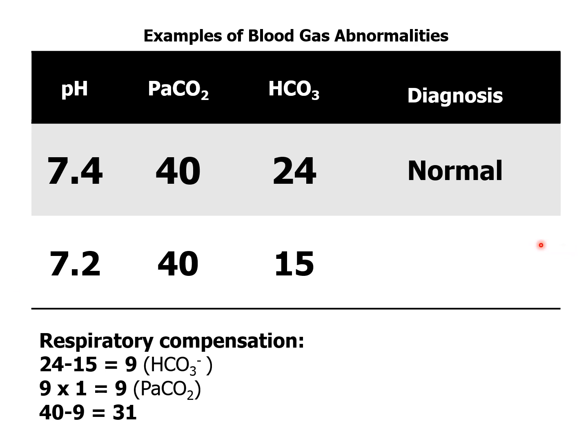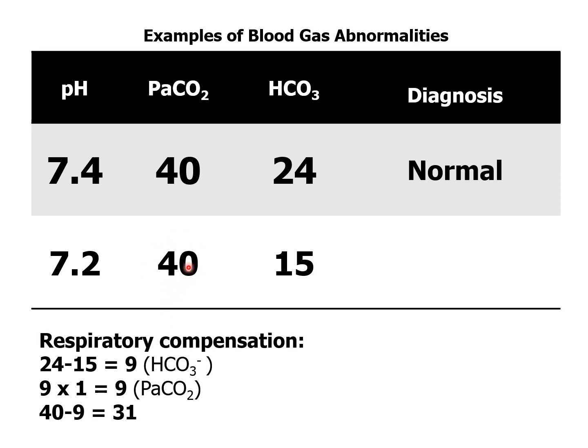But in this case, since the PaCO2 did not compensate, hindi siya nag-move, hindi siya nag-decrease, it should decrease also by 1 unit. So per 1 unit decrease in the bicarbonate, it should also decrease by 1 unit.